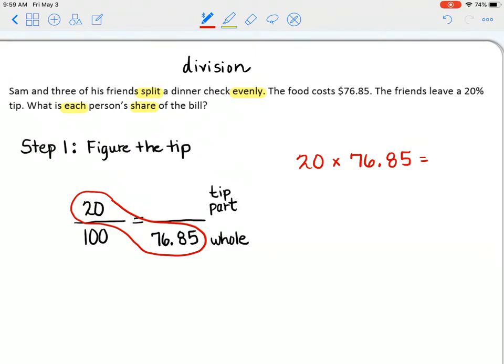I am not writing an equation, so this is not proper mathematics notation, but I am showing you the calculator steps. And you divide by the number that's not in the peanut, which is the 100. And you end up with $15.37. And I know that because I was working with money to start with. So money's coming out. This is the tip.